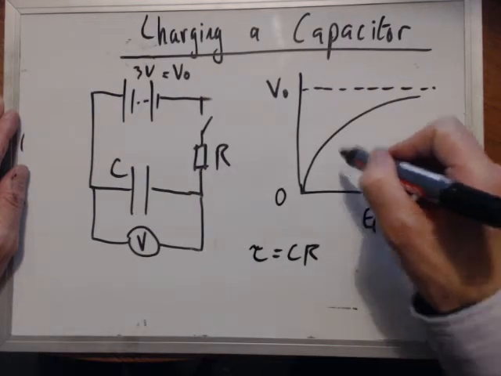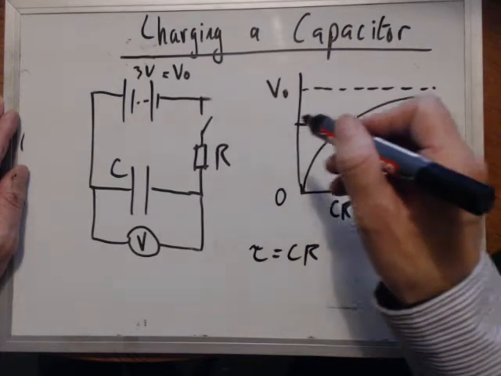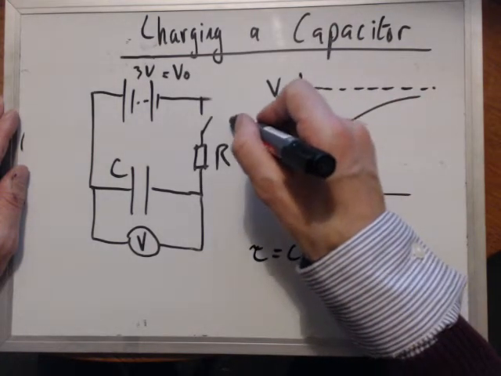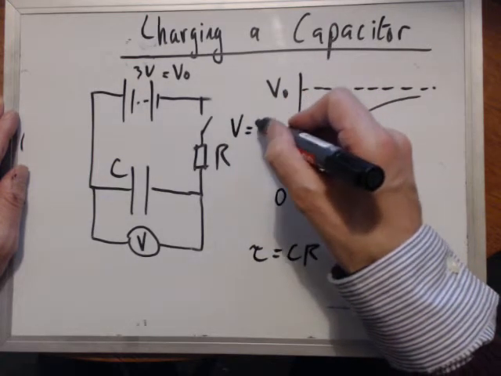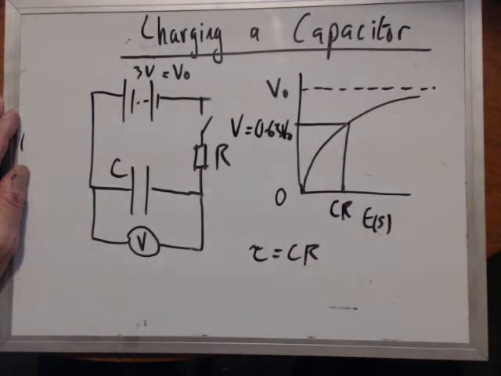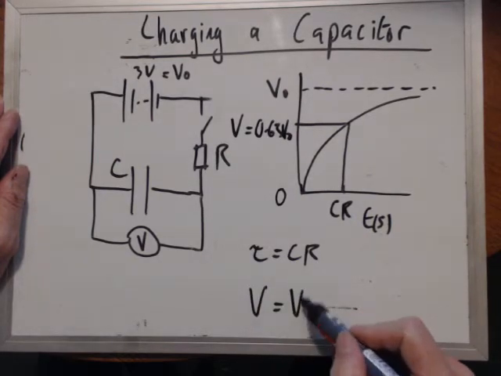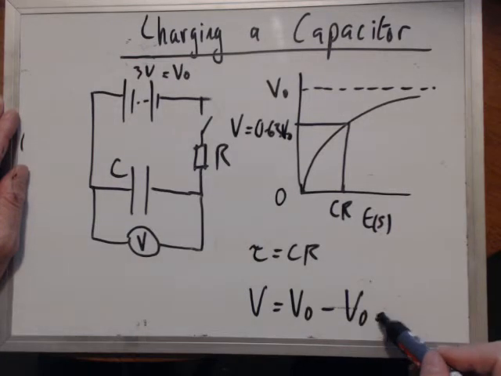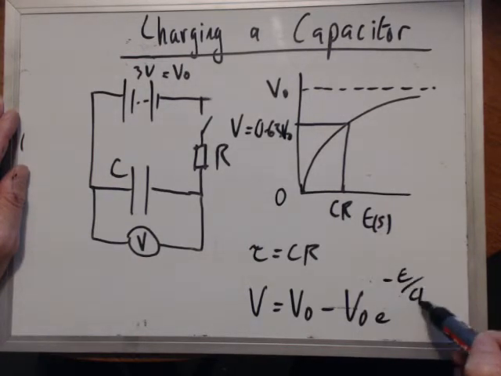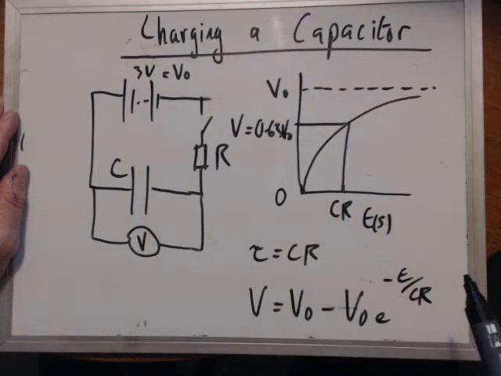But for charging, when time is equal to CR, we find that V is equal to 0.63 times V naught. This is because our equation for charging is V equals V naught minus V naught e to the minus t over CR. So when we substitute CR into t, after time CR we will get 0.63 of our final voltage. This is charging a capacitor.